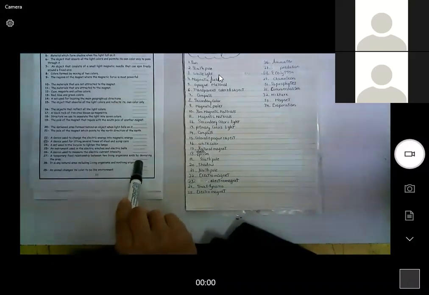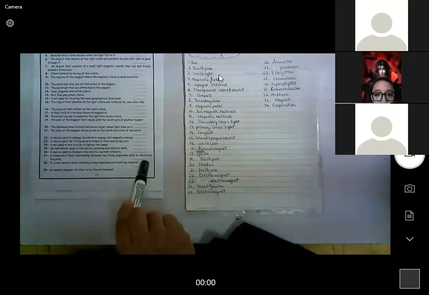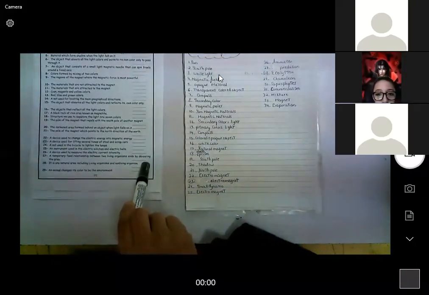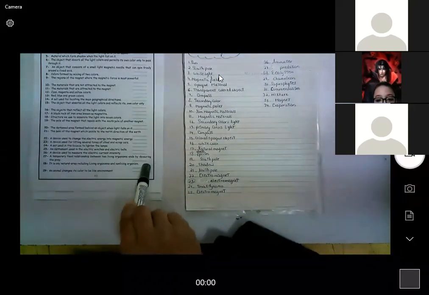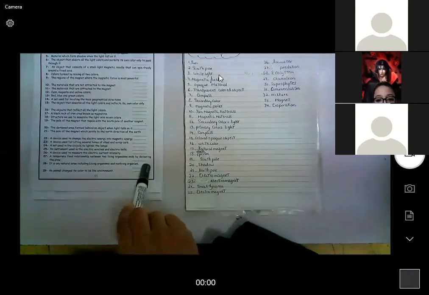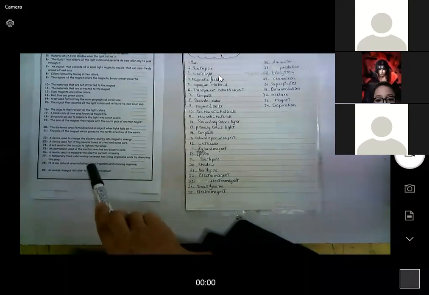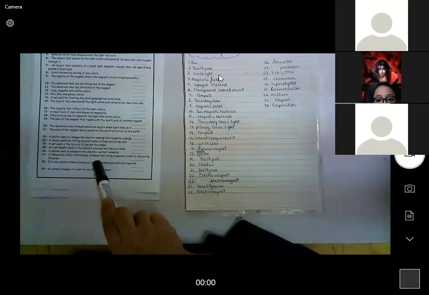The word devouring means kill. Okay, it's called predation. Don't write predator. Sometimes you don't read the question clearly. You have to read clearly. Here it's asking for the type of the relation.